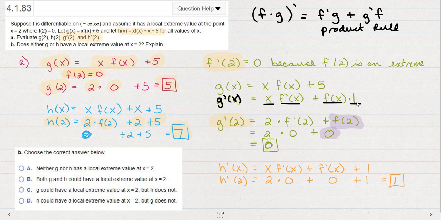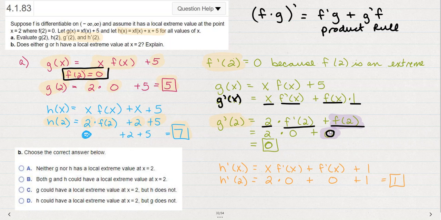And when we replace that x with 2, that would give us 2 times the derivative of f at 2, plus f of 2 times the derivative of x, which is 1. So that's just f of 2. We are given that f of 2 is 0. That's where this 0 comes from.